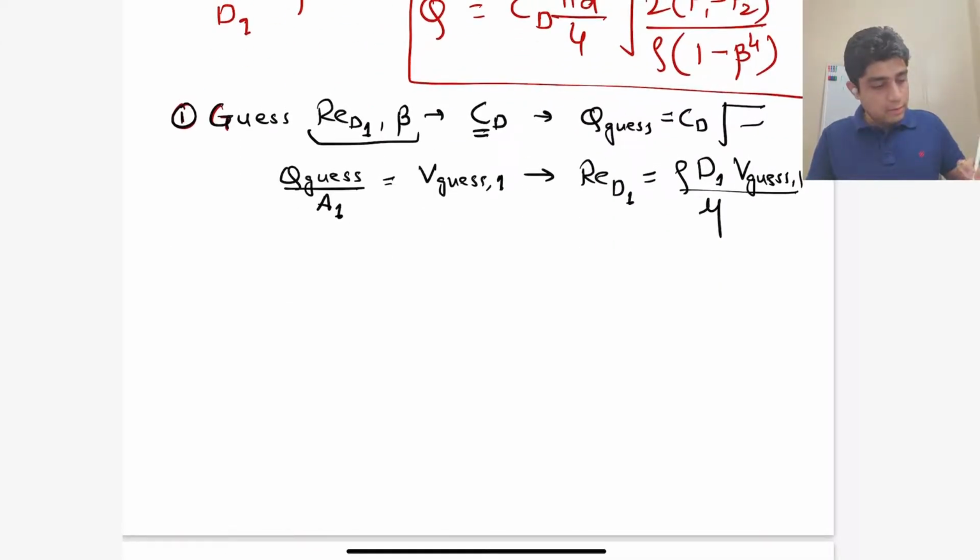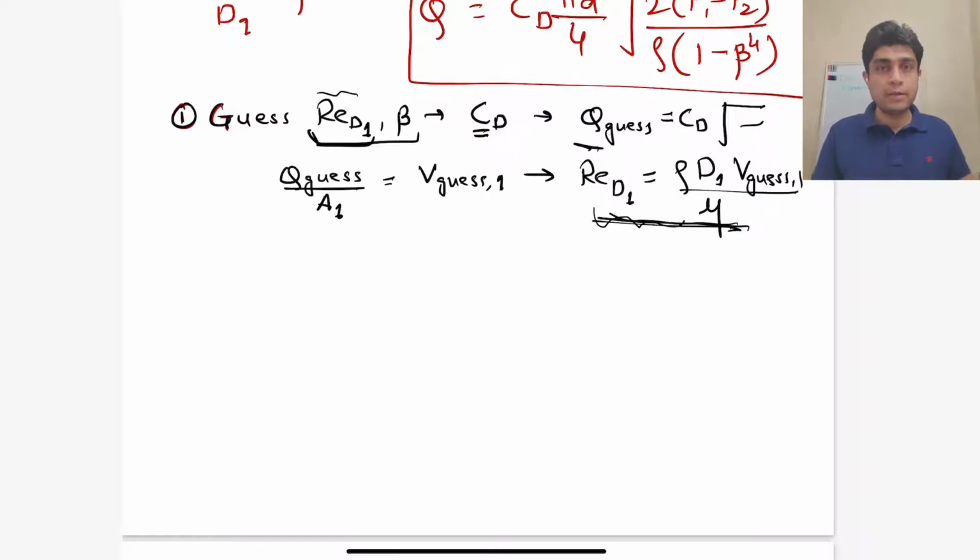Now the initial guessed Reynolds number was RED1, and the final answer is again this form for this Reynolds number. And if these two Reynolds numbers match, then that means your solution has converged and you have found out the correct flow rate.